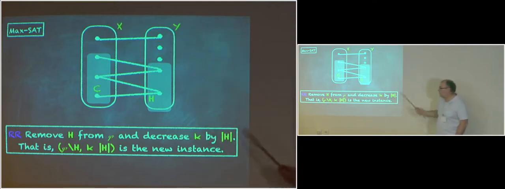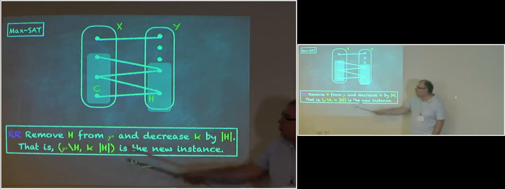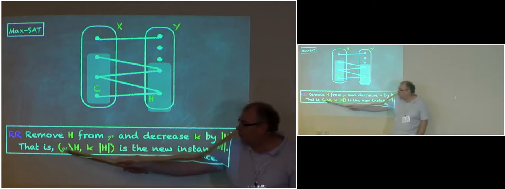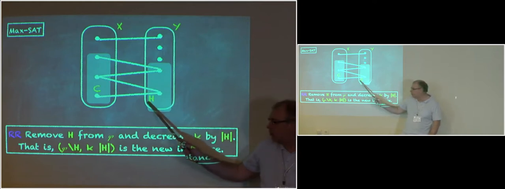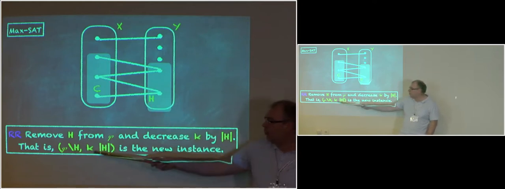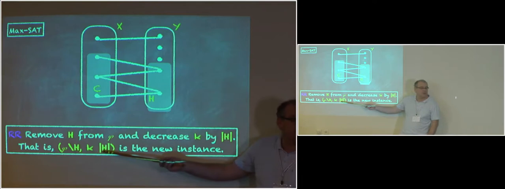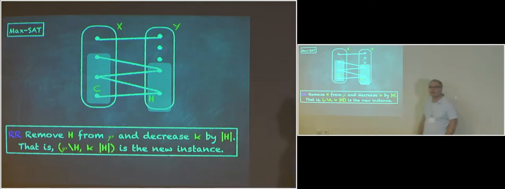Which means that I have a reduction rule. I remove from all clauses all variables which live in H, and I decrease my parameter by k minus h. This is the reduction rule. So once again, what do we assume?